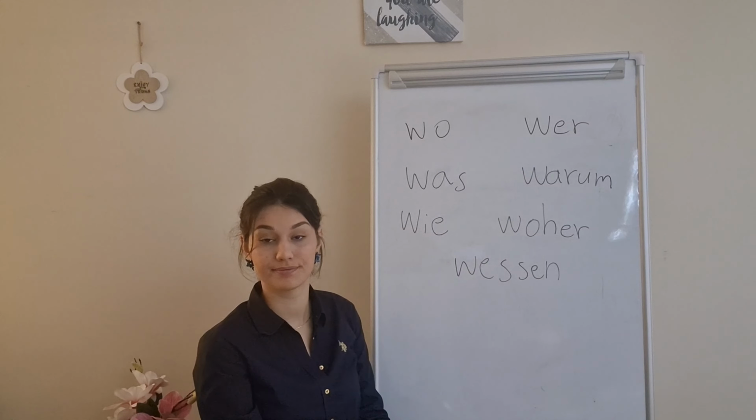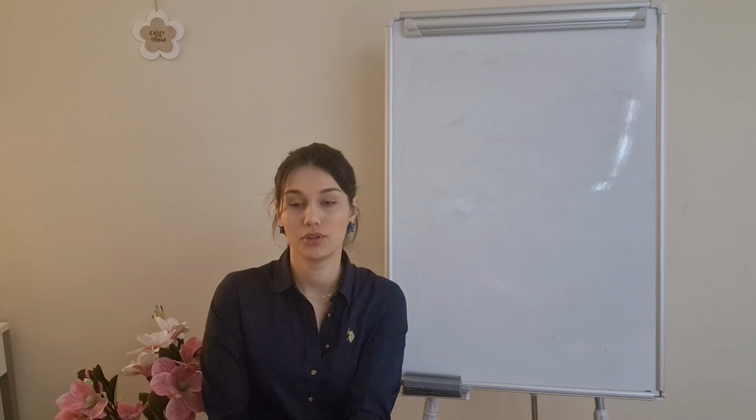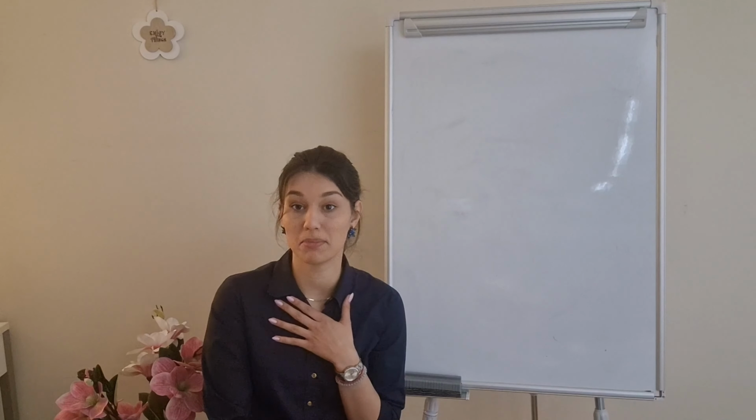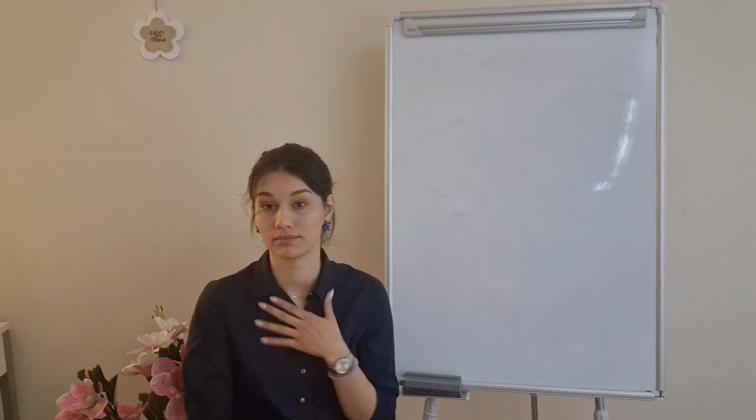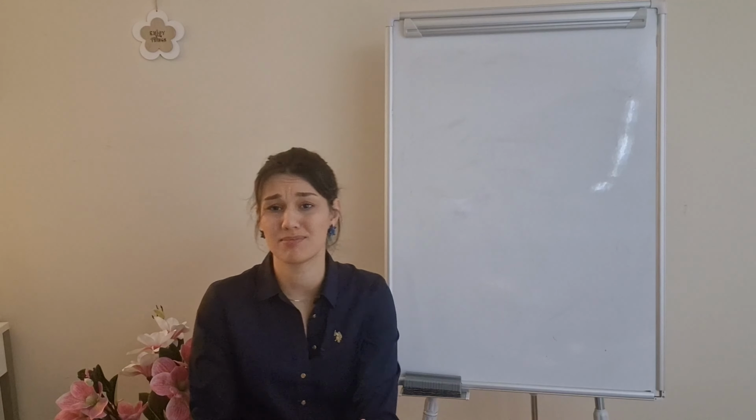That means, how are you? Now you can try to answer me. You can say something like, mir geht's gut, mir geht's nicht so gut, ich bin gut, or ich bin schlecht. So, ich bin gut means I'm fine, ich bin schlecht means I'm bad.